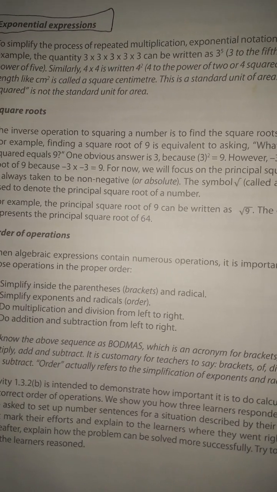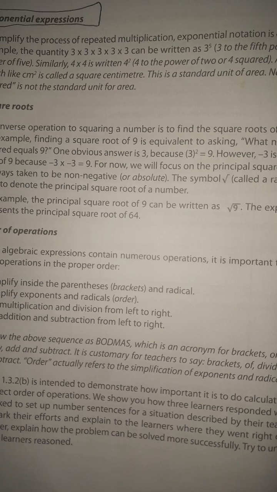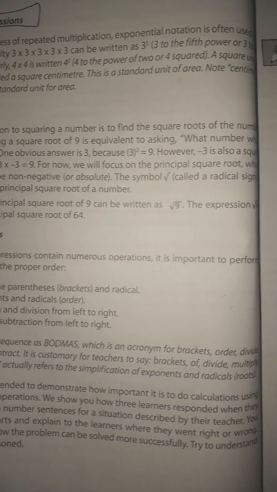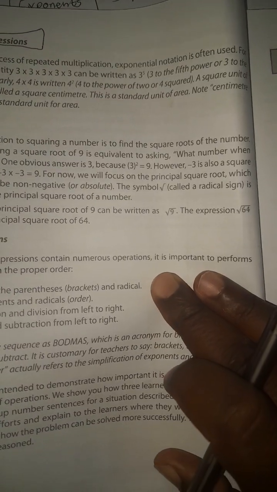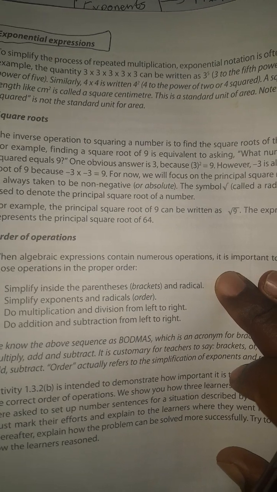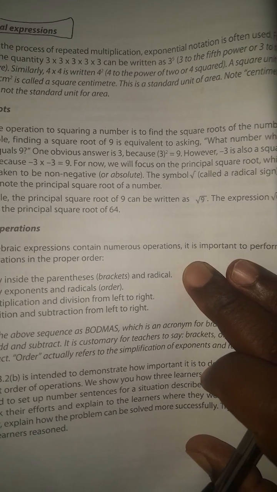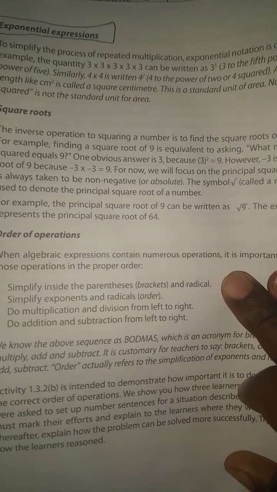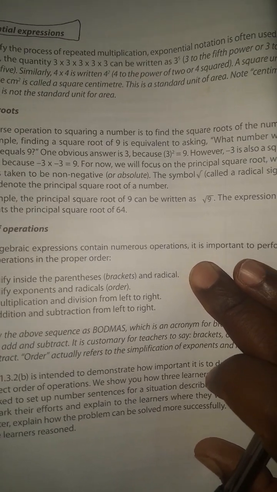Similarly, 4 times 4 is written as 4 squared. Remember, a square unit of a length like centimeter squared is called a square centimeter. This is a standard unit of area. Note, centimeter squared is not the standard unit for area.